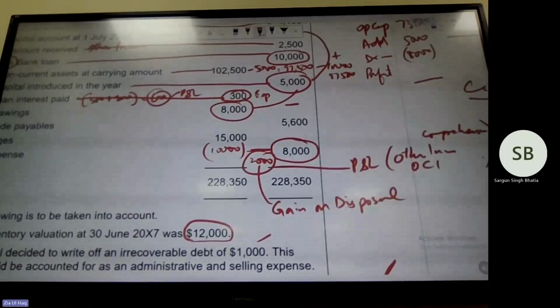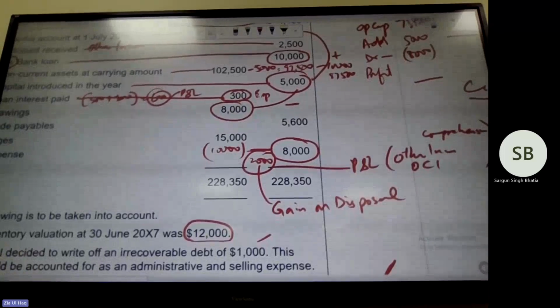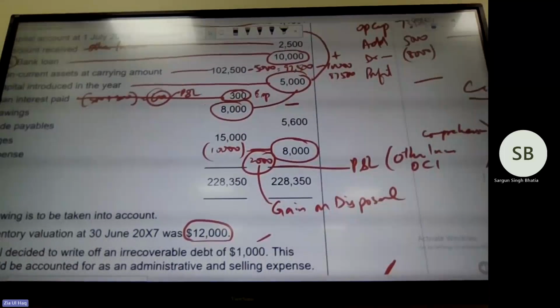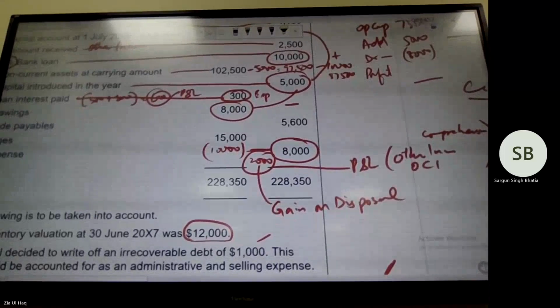How have we calculated this 2,000 gain? There was a disposal of an asset and the asset value was 10,000. That has not been recorded, meaning there is no entry recorded for this. If we record this disposal, these assets will be down by 10,000.